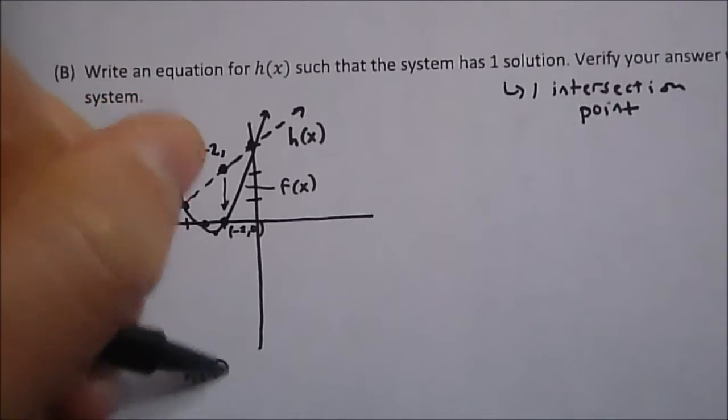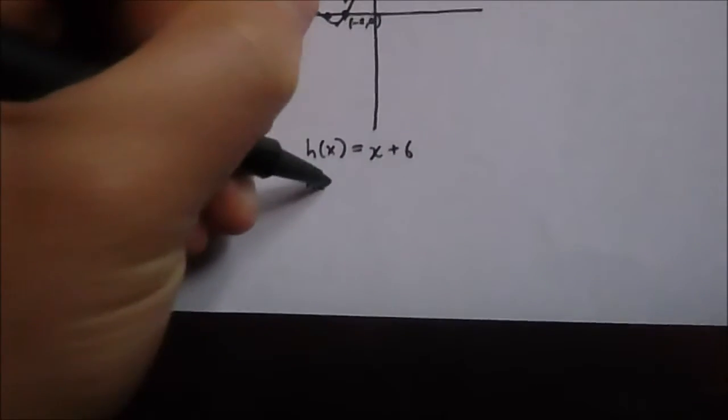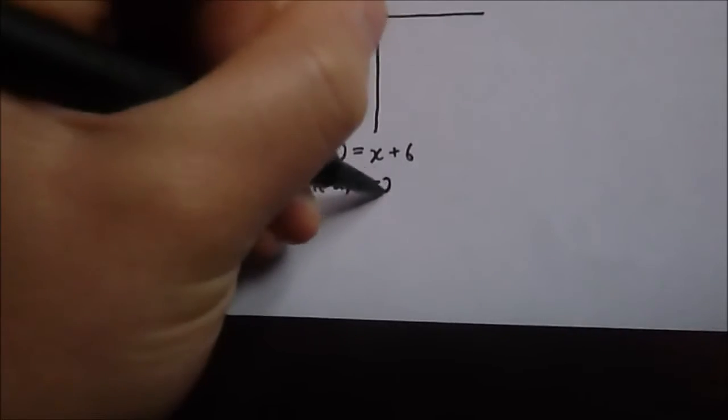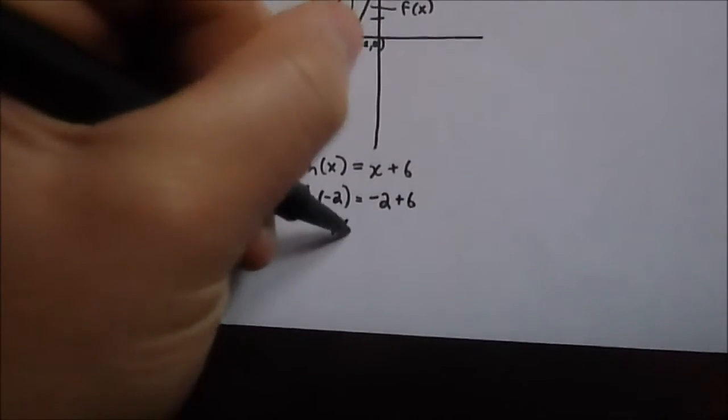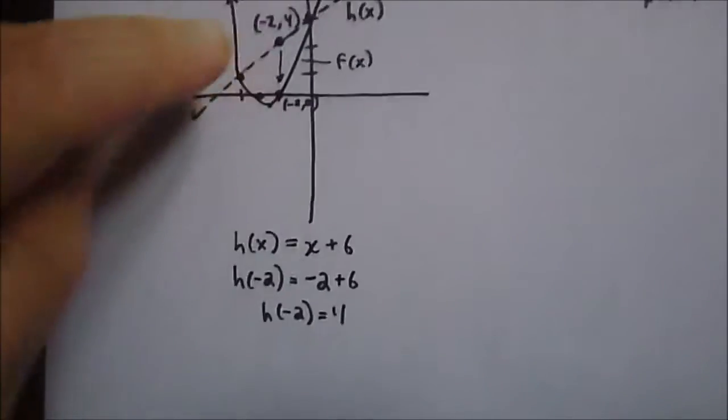So I can evaluate h of -2. I remember that h of x is x plus 6. h of -2 is -2 plus 6. h of -2 is 4. So this point is at (-2, 4).